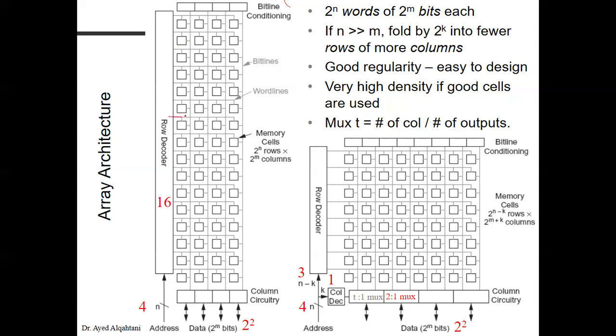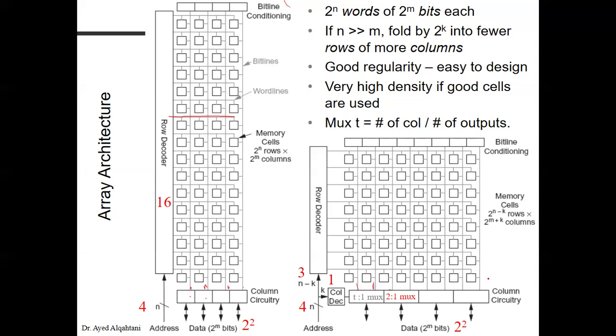So if I choose this row, you will get 4 bits here and here and here and here, and you send them directly to the output, so you can have buffers here. If you fold it and put it there, now you will have 2 columns for each output. So you need a multiplexer to choose from these 2 columns.